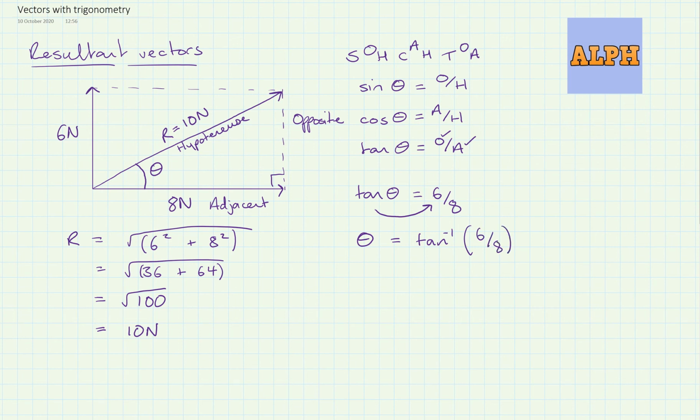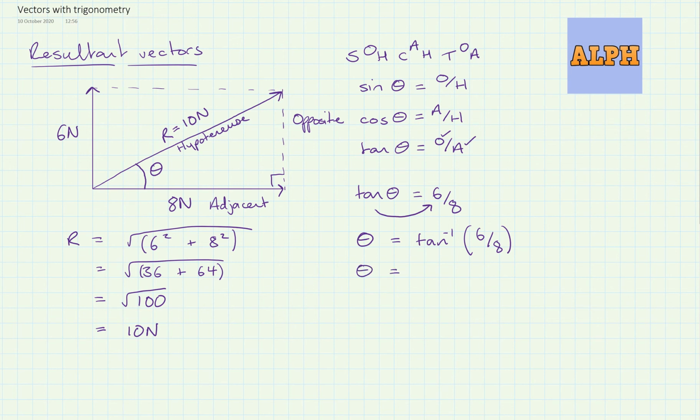Let me just grab my calculator, didn't think that through. So I'll do the 6 over 8 in a bracket. To find tan minus 1, you can use shift tan usually, and then 6 divided by 8 in a bracket, and that's equals.